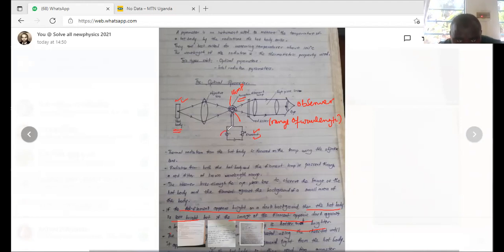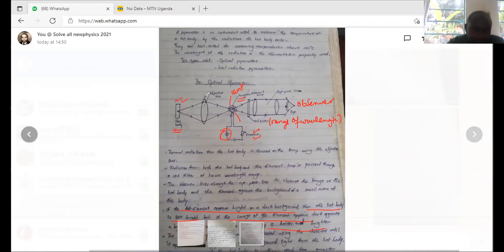So the current flowing through the ammeter is read and then it is calibrated to give the reading of the temperature in Kelvin. And with that, we can be in a position to predict the temperature of the given hot body. By that, you are using what we call optical pyrometers.